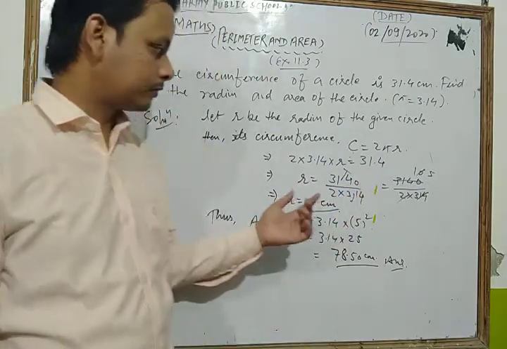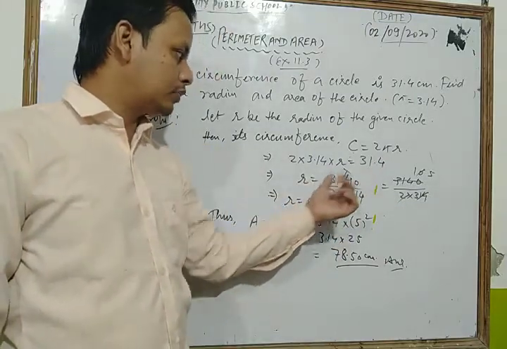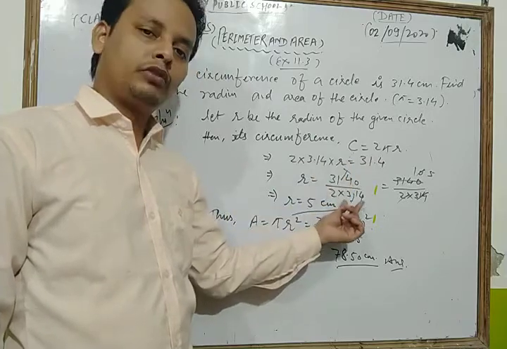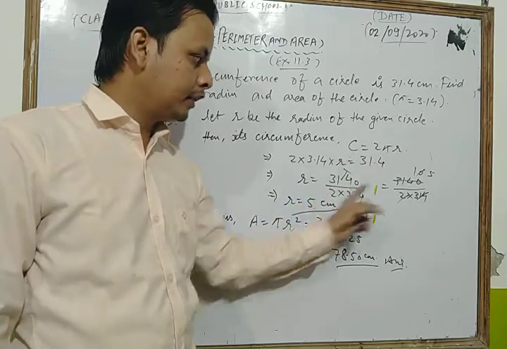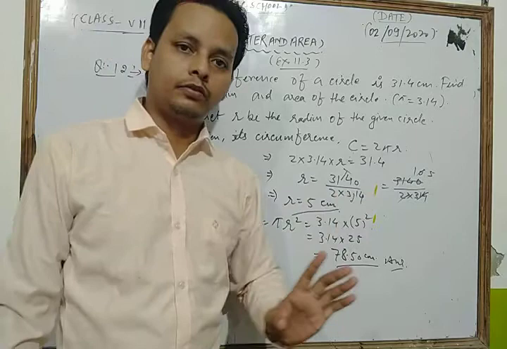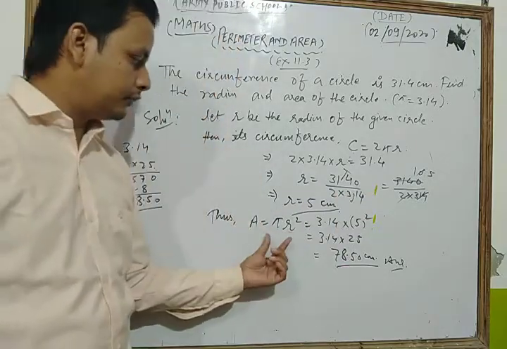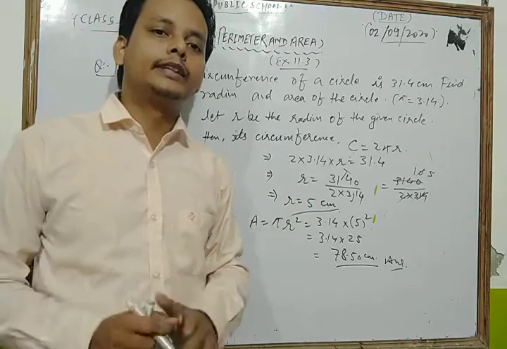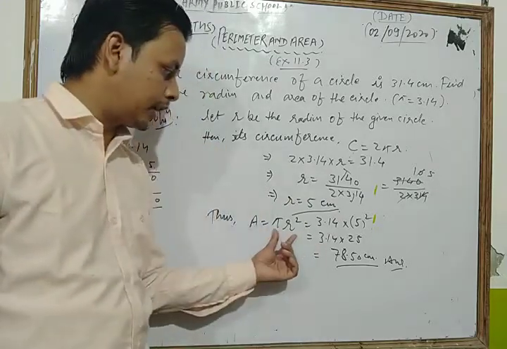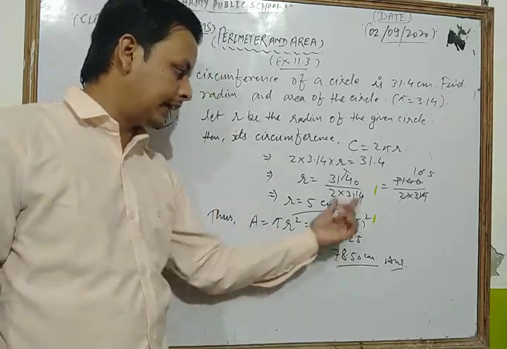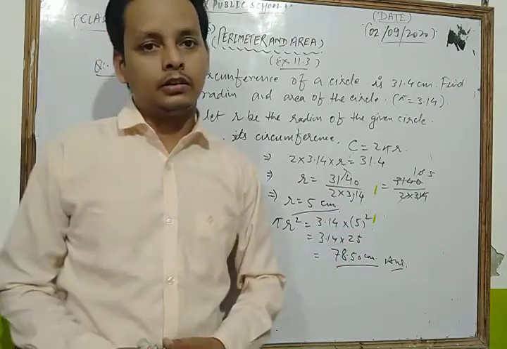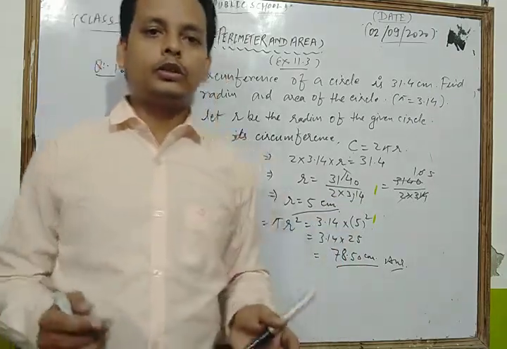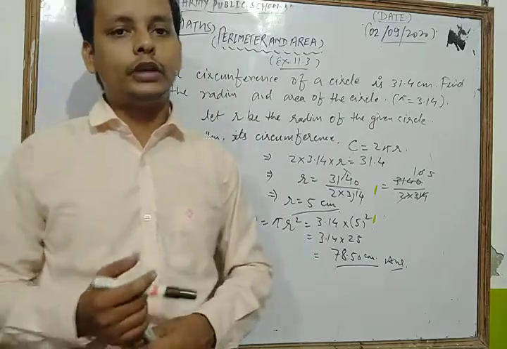Now the value of r is 31.4 upon 2 into 3.14, and after solving we get r as 5. Now we apply the formula for the area of the circle, pi r square. We put the value of r and pi, and after solving we get our result. In this way, dear student, you can solve this type of questions of your NCERT exercise.